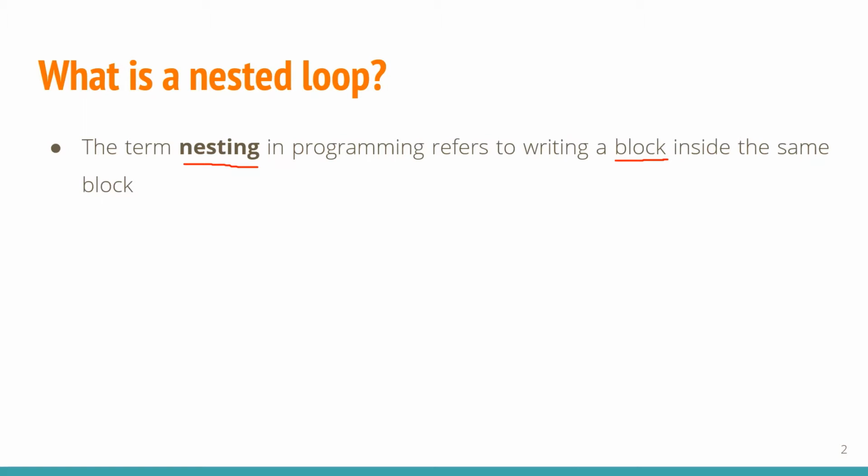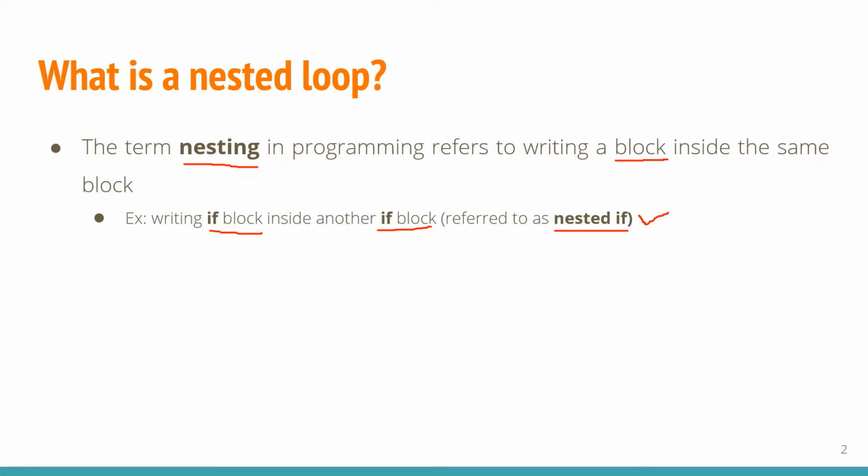A pair of flower brackets is also referred to as a scope. One example of a block can be an if block. Writing an if block inside another if block is referred to as nested if.